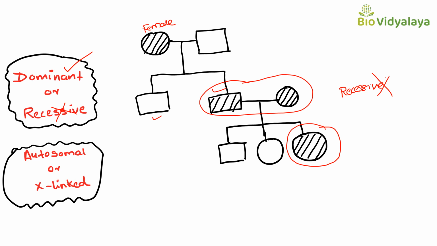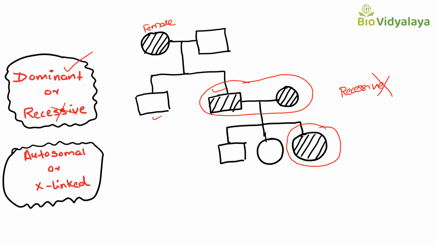Next, we have to check whether it is autosomal or X-linked. Whether it is autosomal dominant pedigree or X-linked dominant pedigree. Okay. Here you can see that this male is affected, but all the daughters are not affected, isn't it?